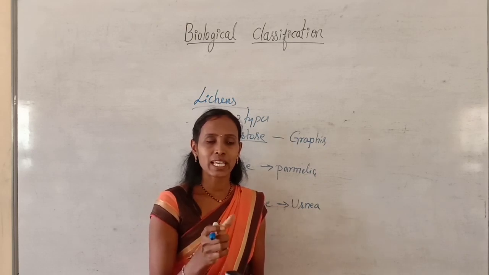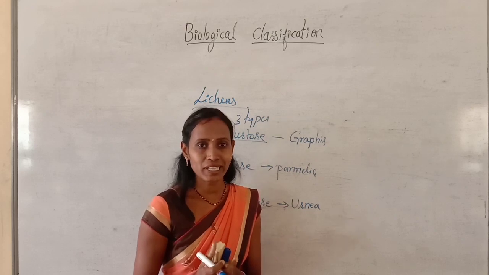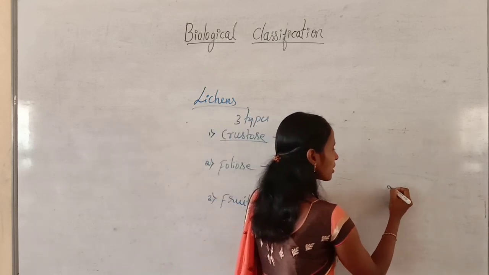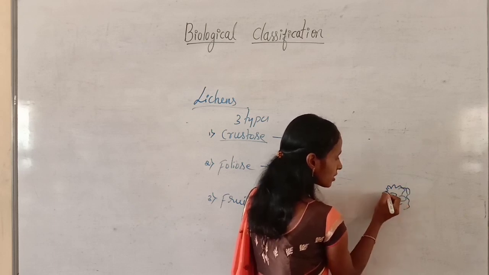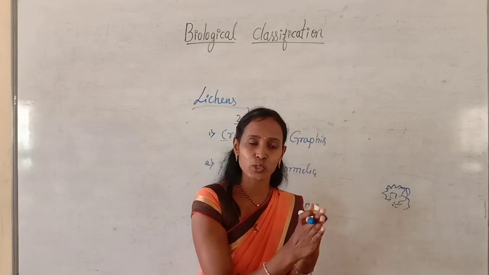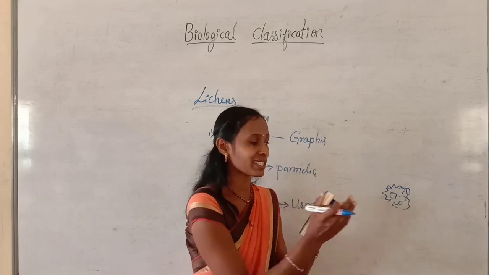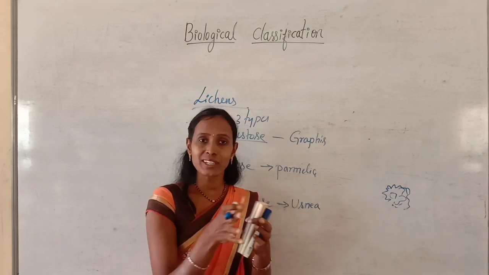When you observe the structure, they look like this. Here the lobes are very small and it's very compactly attached to the surface. You cannot separate this crustose lichen from the surface. It is very compactly arranged.